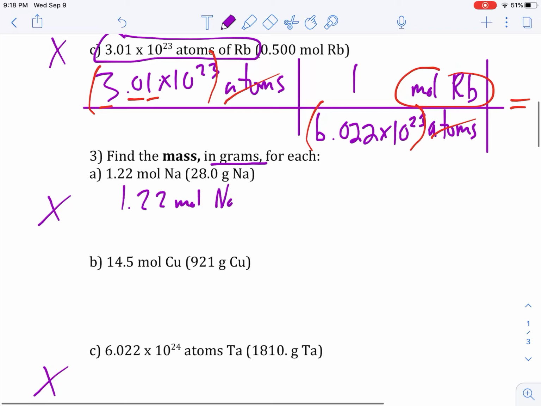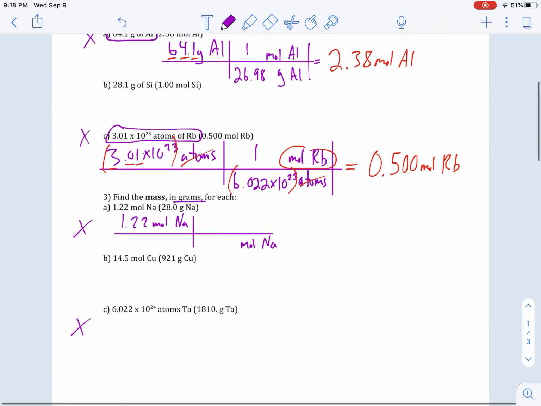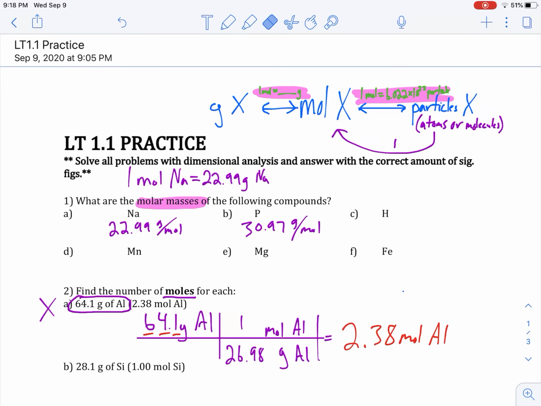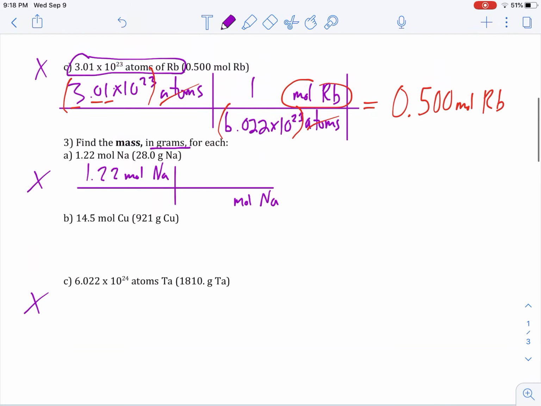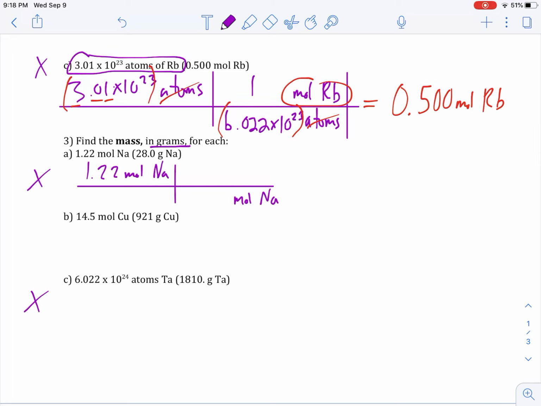I'm going to cancel my moles of sodium on the bottom. And I can go from moles to grams in one step. So I'm going to put grams of Na on top.